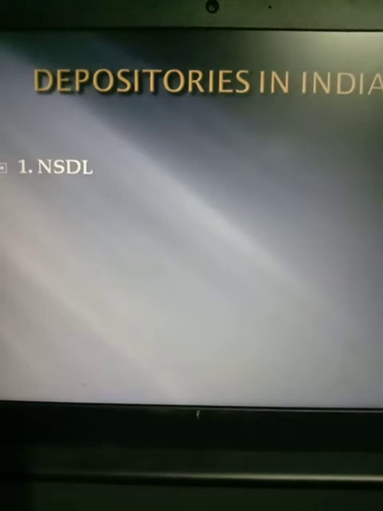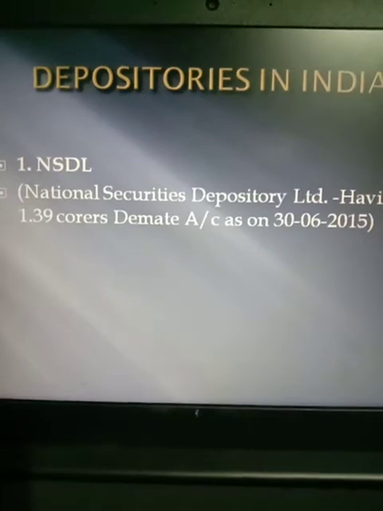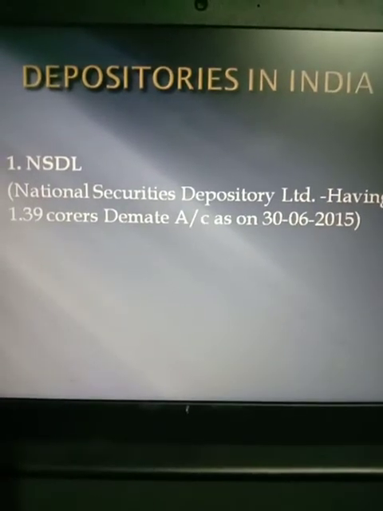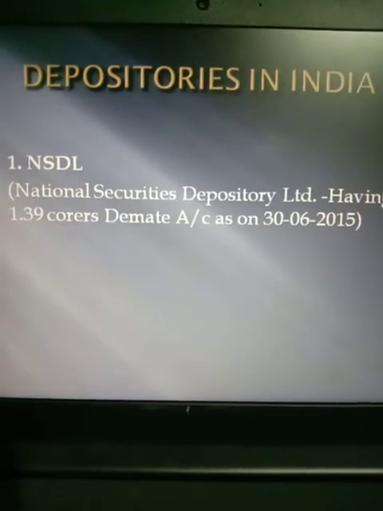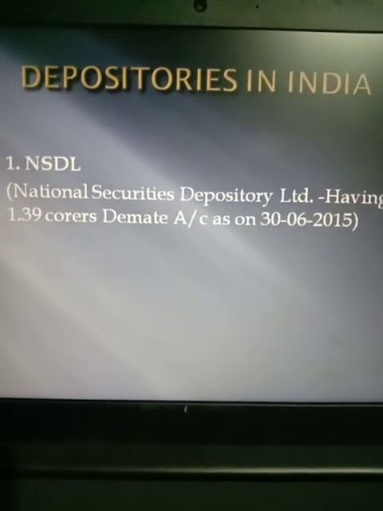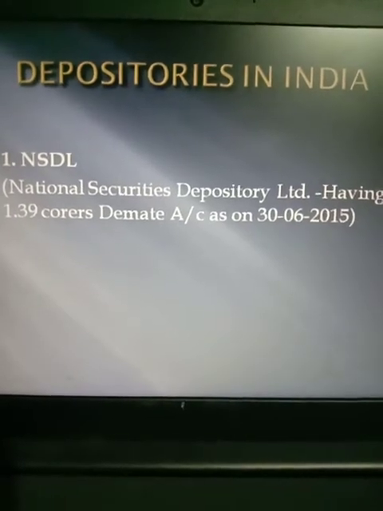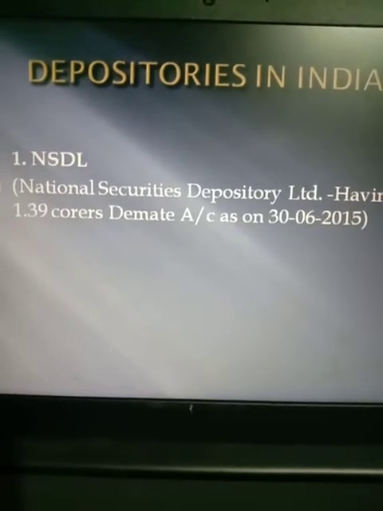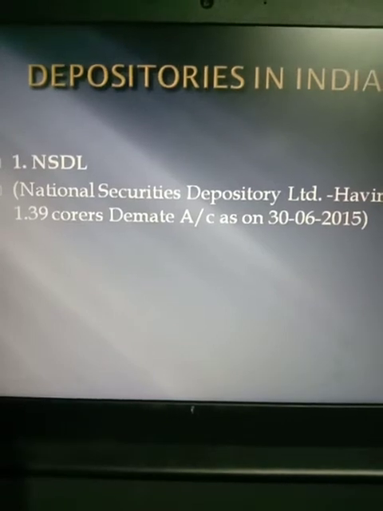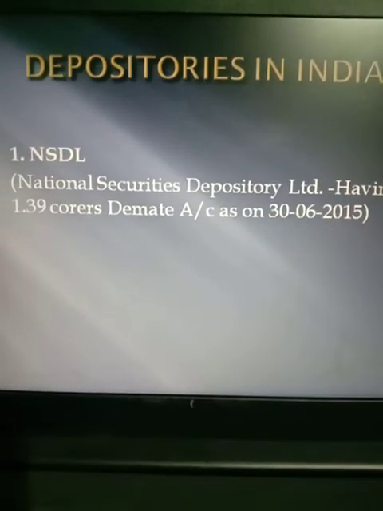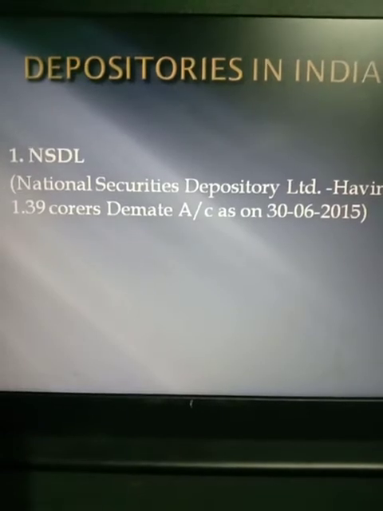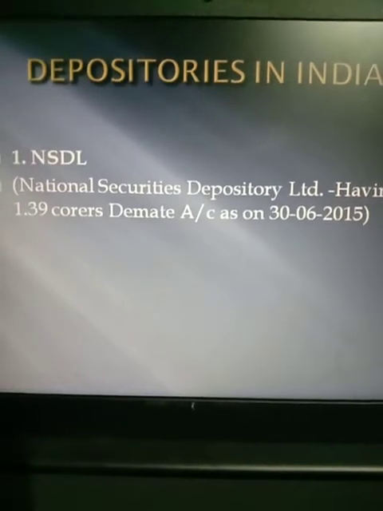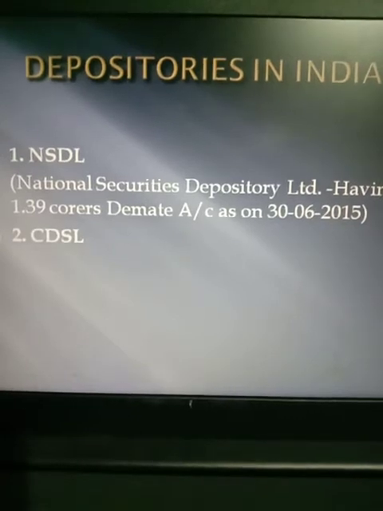One is NSDL, National Securities Depository Limited, having 1.3 crore demat accounts, as on 30th June 2015. In a further session, I will explain what a demat account is, how to open it, its objectives, advantages, disadvantages and all.